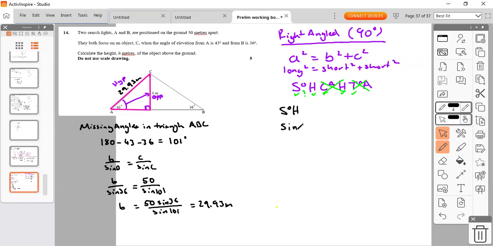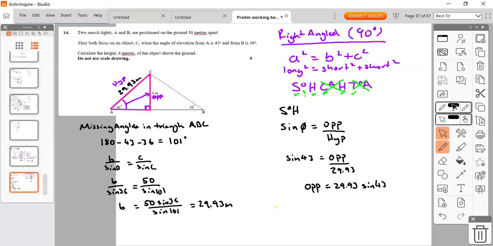It's broken down as sine of the angle equals opposite over hypotenuse. Sine of 43 is equal to opposite over 29.93. Flip that round, opposite equals 29.93 multiplied by sine 43.